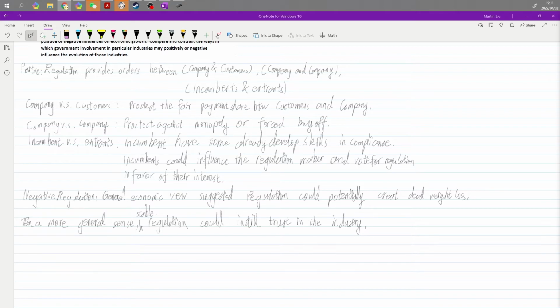And in a more general sense, a stable regulation could instill trust in the industry.